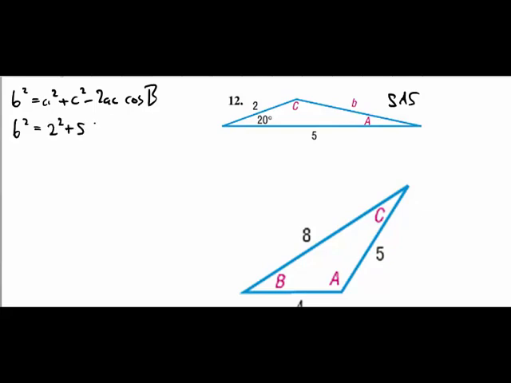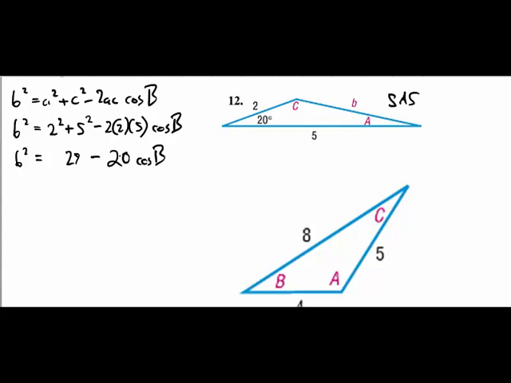We know our c, which is 5. And we'll plug it in here as well. And now we get to do some algebra. So this is going to be 4 plus 25, which is 29, minus 2 times 10, which is 20, cosine B.